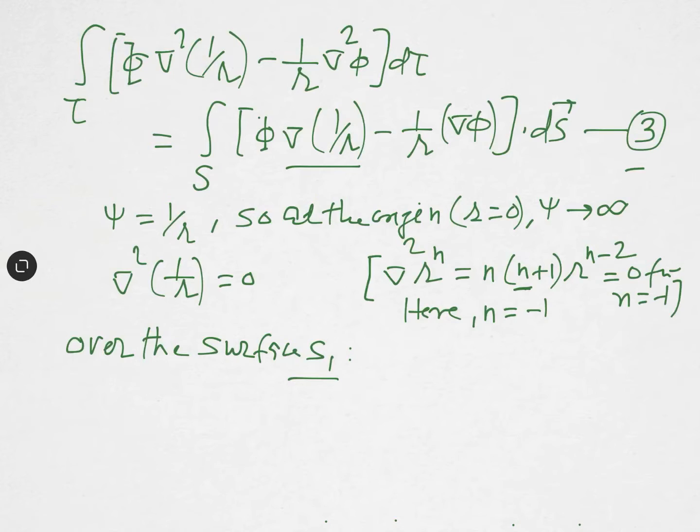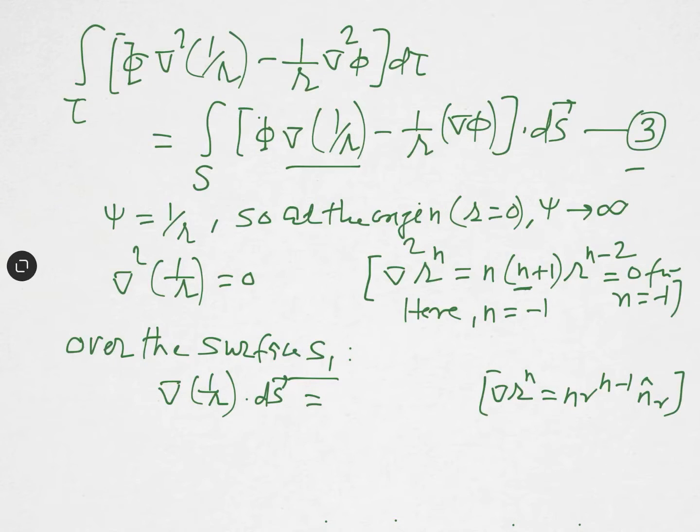So over the surface S1, now we will evaluate del 1 over r dot dS. And what will this be? Remember here, del r to the power n equals n r to the power n minus 1 times n r hat.